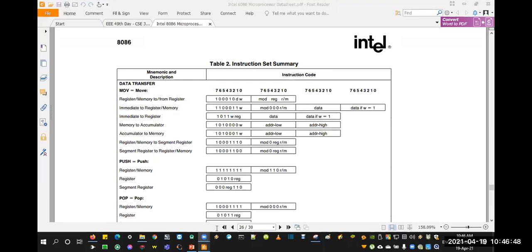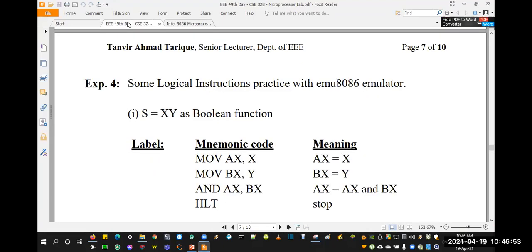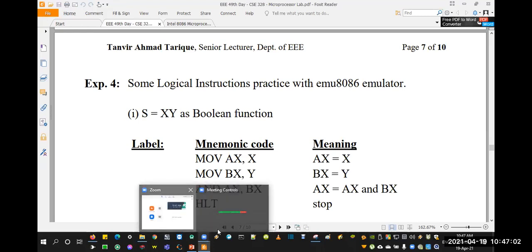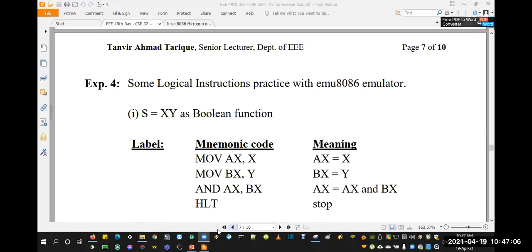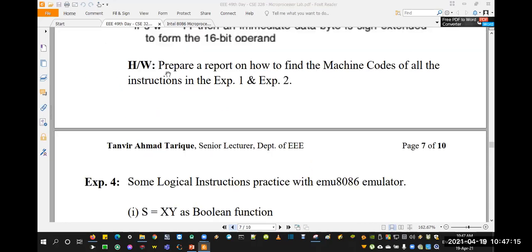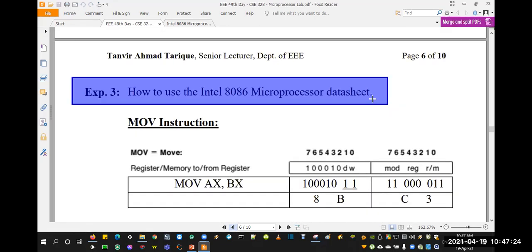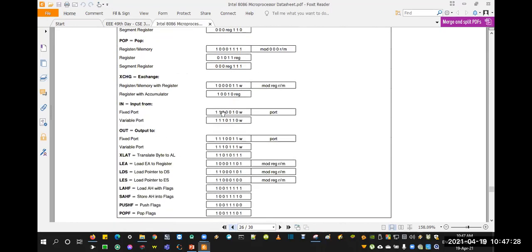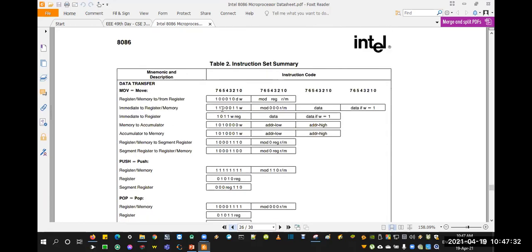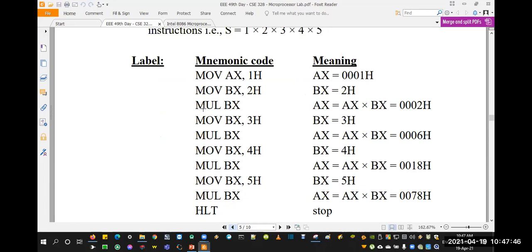So first, in the last class we learned how to use the Intel 8086 microprocessor data sheet, and we practiced some examples to understand how we can find the machine codes for every instruction.